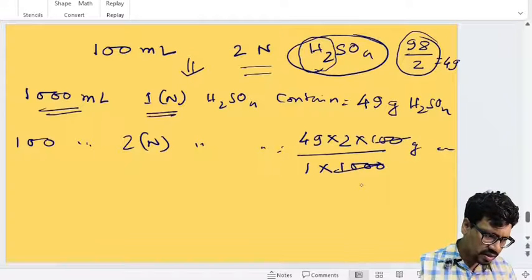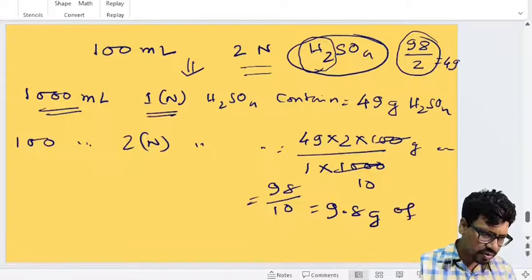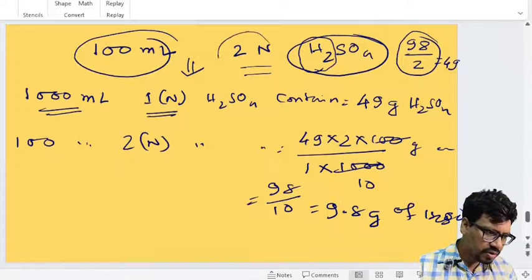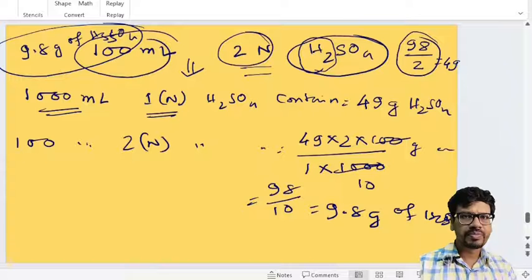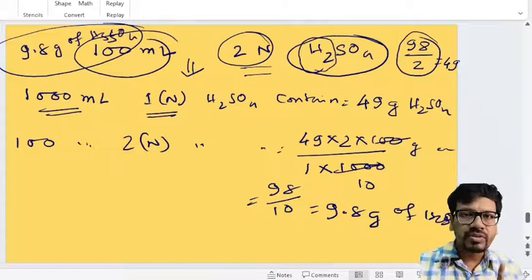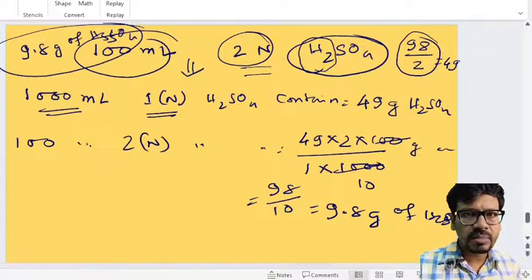So that is 98 by 10, that is 9.8 gram of H2SO4 is there in 100 ml of 2 normal H2SO4. So if you know the actual definition of the concentration term, you can easily calculate this, even if you forget the formula.